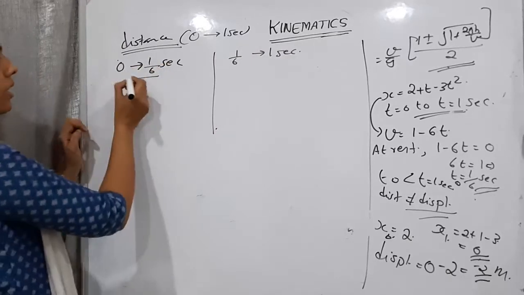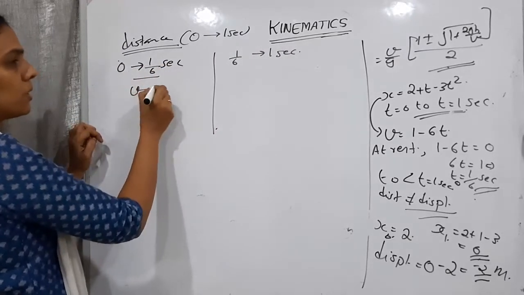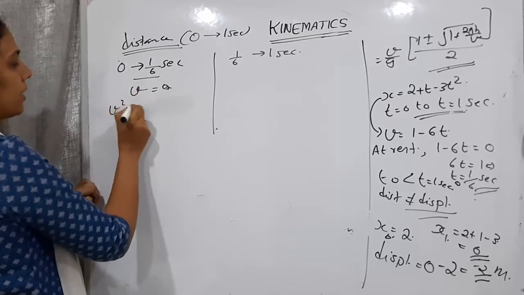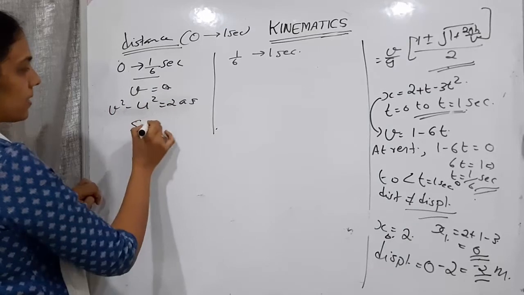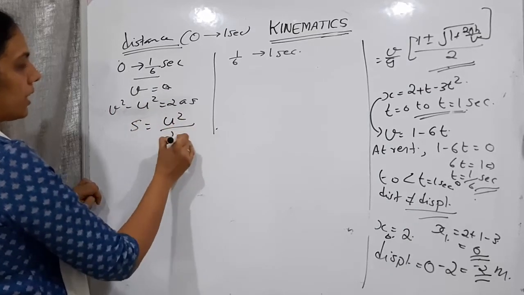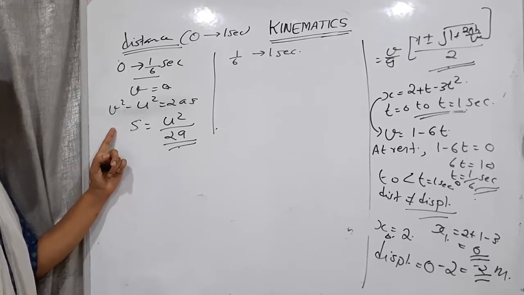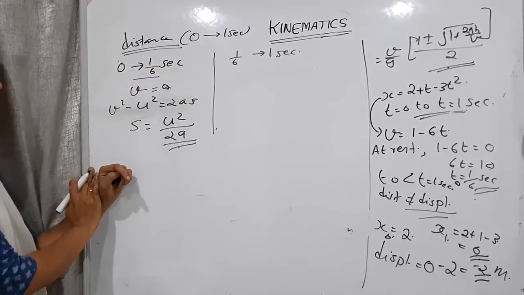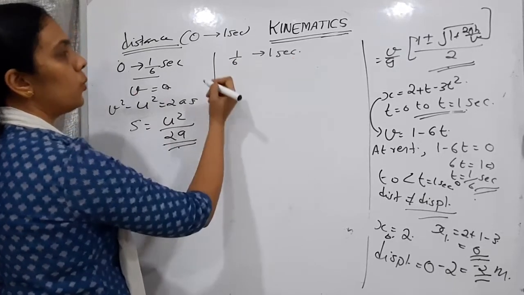Okay, so here at this position, final velocity is equal to 0. v square minus u square equals 2as, we can substitute, therefore s is equal to u square divided by 2a. This will be the distance covered in 0 to 1 by 6 seconds. Then next is 1 by 6 to 1 second.